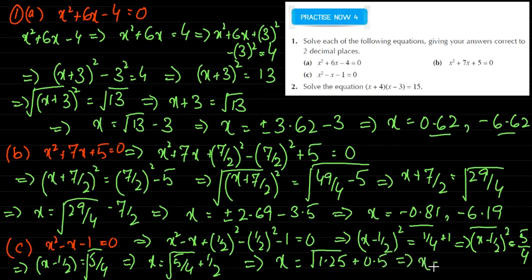Therefore, x can be either 1.62 or minus 0.62. So these are the two possible answers. One is 1.62 and the other one is minus 0.62.